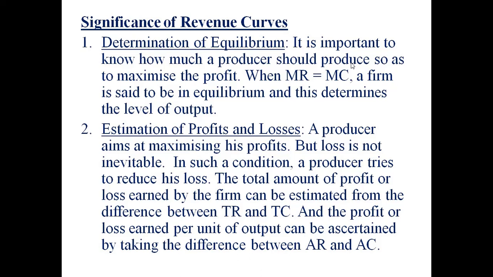Now point number 2, estimation of profits and losses. A producer aims at maximizing his profits. We all know that. A firm always tries to maximize the profit. Previous day it was 10, today 20, tomorrow 30, then 40, 50, 60, 70, 80.